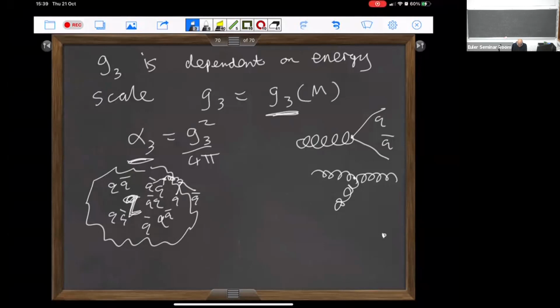But if I go closer and closer to make my measurement, I have to increase the energy scale, because you're going to shorter and shorter distances. You're using a more powerful microscope as you get closer and closer. You become sensitive to this virtual cloud, and it means that what you thought was the coupling actually depends on energy scale.